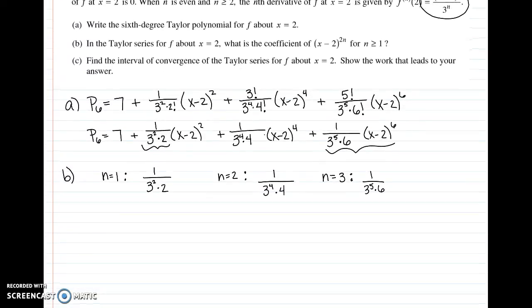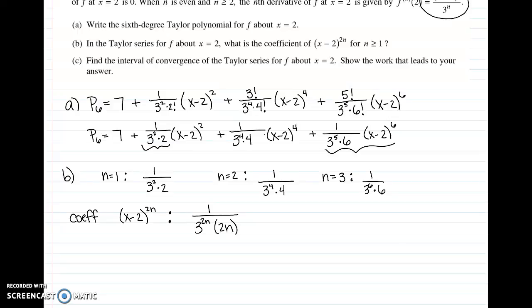So I hope we can see the pattern. The coefficient of x minus 2 to the 2n is going to be 1 over 3 to the 2n times 2n.